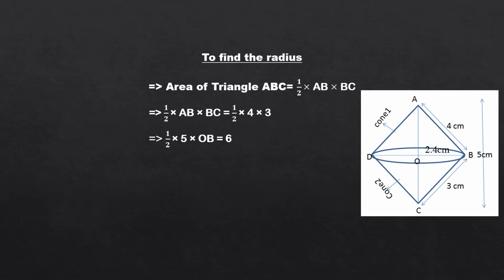An alternative method is to take the side OB and our hypotenuse AC and do the sum. So we conclude this equation with half into 5 into OB, which is equal to 6. On comparing RHS and LHS, we get OB is equal to 12 by 5, which can be further reduced to 2.4 centimeters, which is our radius for today.